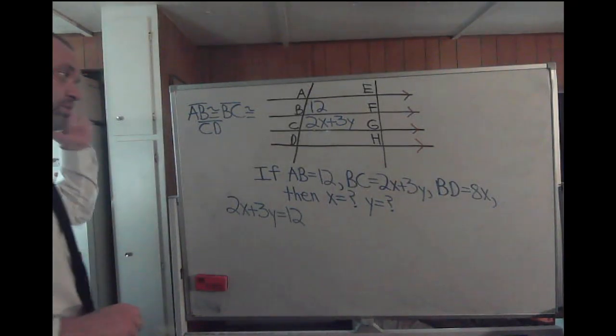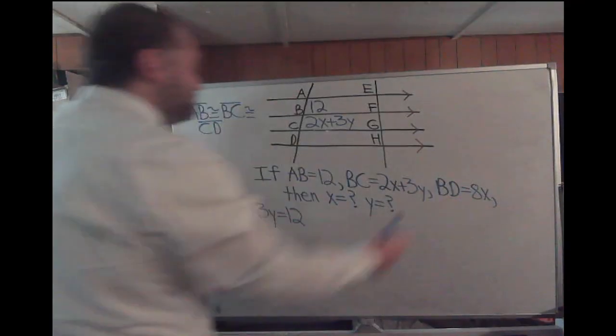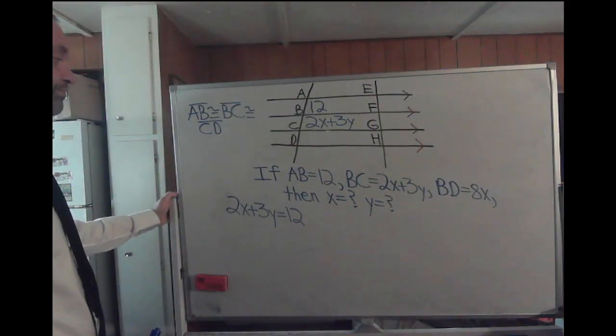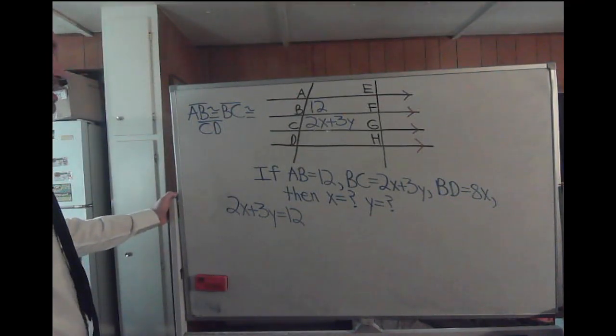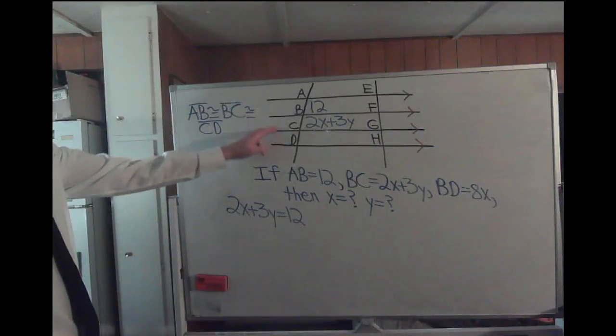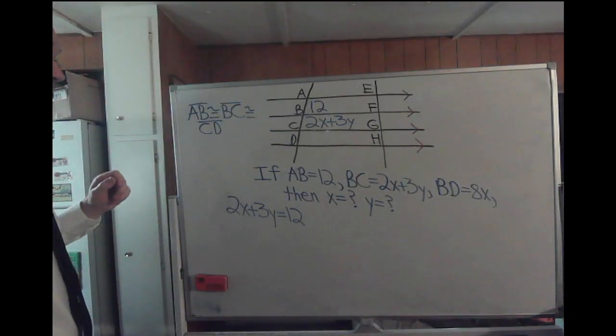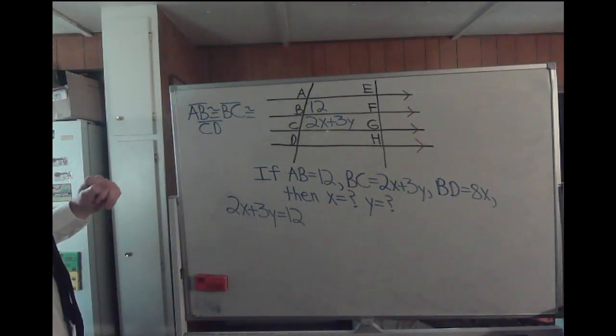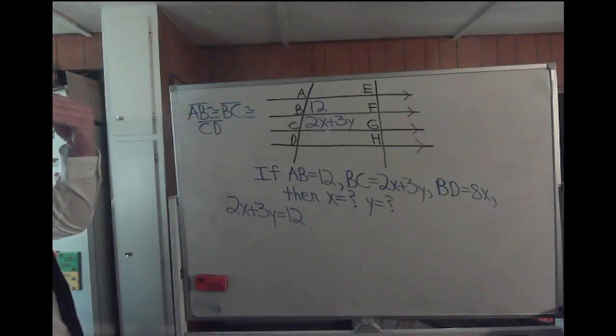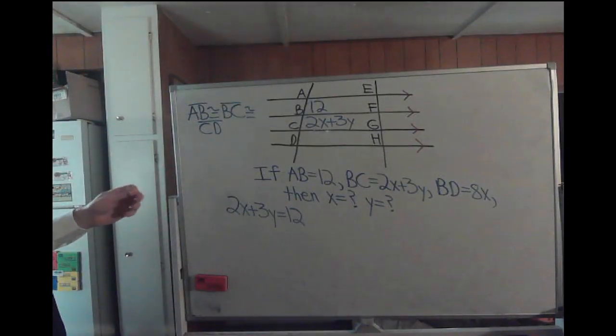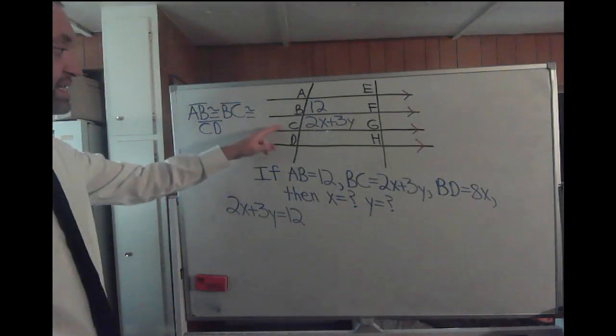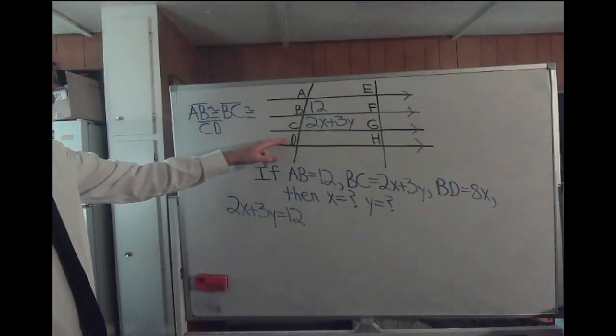But what do we do with the information that BD equals 8x? Well, if BC is congruent to CD, that means that at this point, BD is double CD, right?